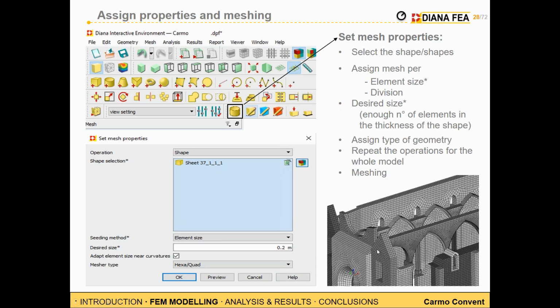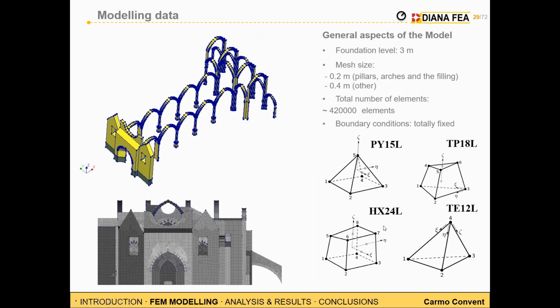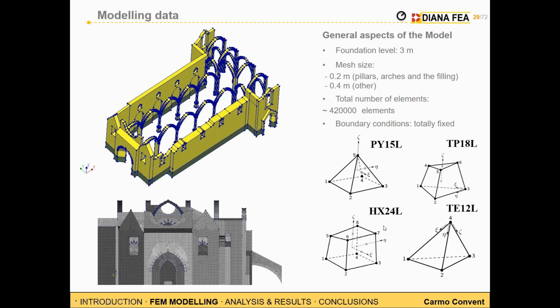It is important to assure at least the presence of 2-3 elements along the thickness of each part of the model in order to have consistent results later on. And then we can click here for meshing the whole model. Okay, this is the whole model.